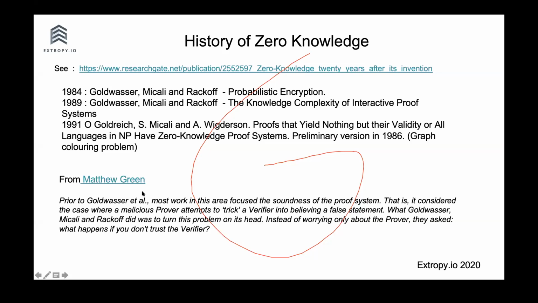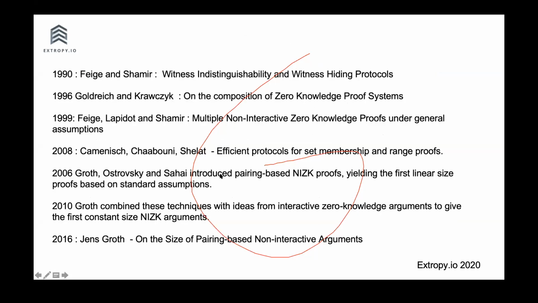A number of papers started getting published around this area, and it really did take quite a while to develop. Initially things were quite difficult and required a lot of computation. It was not very practical, but over time progress was made, particularly with Jens Groth in 2016.